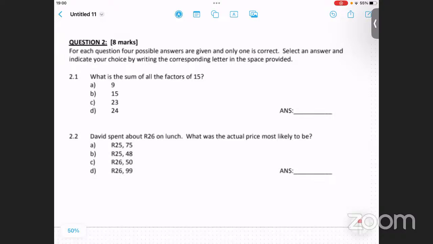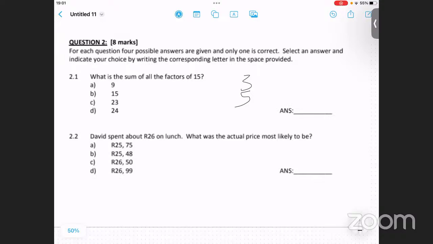Now they say 2.1, what is the sum of all the factors of 15? What are the factors of 15? Let's start there. I think it's 3 and 5, ma'am. 3 and 5. So when you multiply 3 and 5, you get 15.